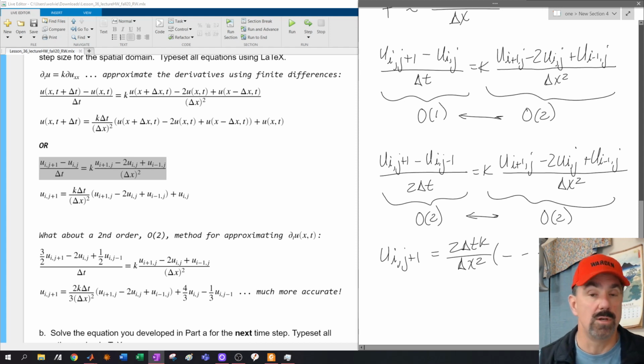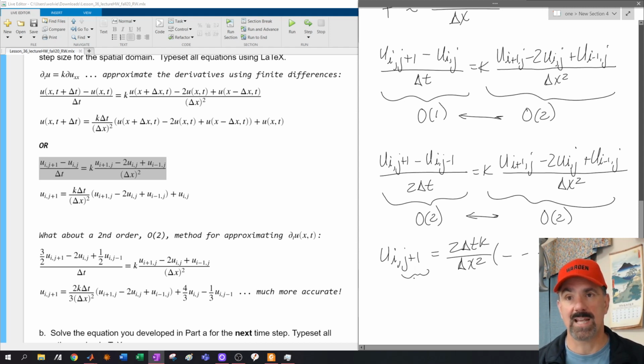So you wouldn't know this necessarily, but this is called leapfrogging, where I go to calculate j+1 based upon j-1. And leapfrogging methods are inherently unstable. There are no values for delta t and delta x that I can pick that will make this calculate in a stable manner. So while the orders are good, the reason this is not used is because it is unstable.